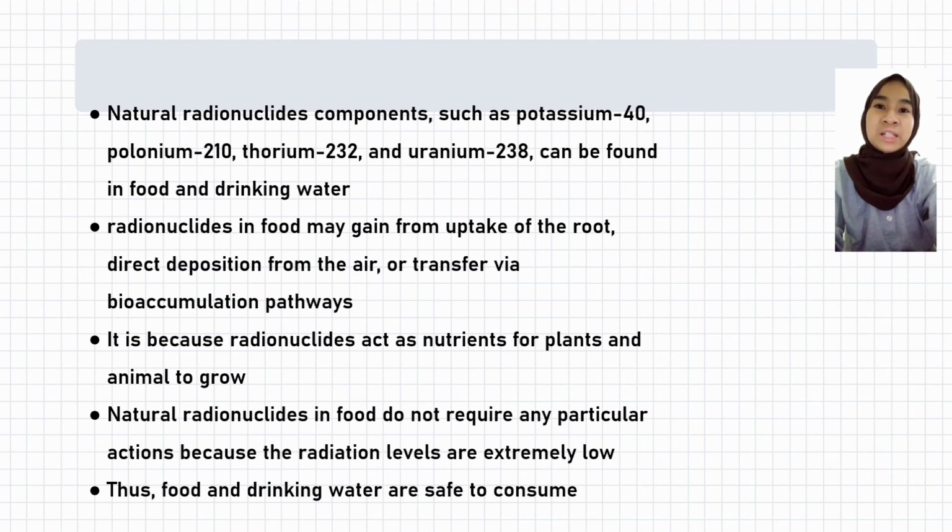It is because radionuclides act as nutrients for plants and animals to grow. Natural radionuclides in food do not require any action because the radiation level are extremely low. Those food and drinking water are safe to consume.